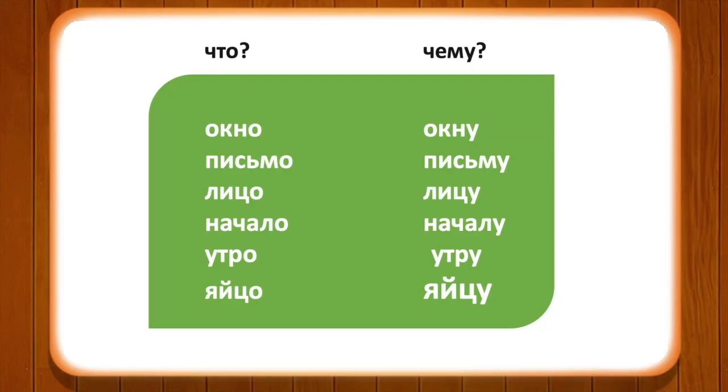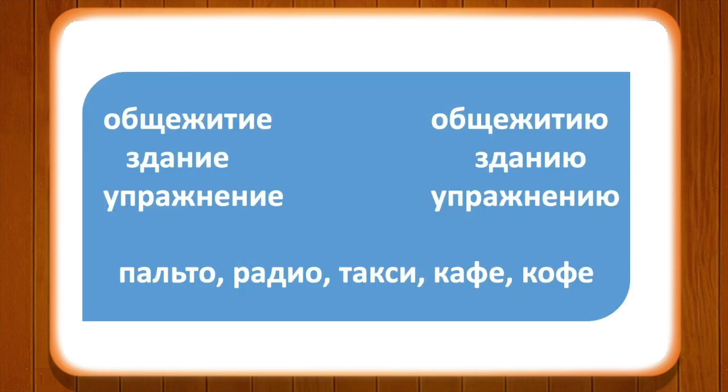So окно, письмо, лицо, начало, утро, яйцо change: окно changes into окну, письмо changes into письму, лицо changes into лицу, начало changes into началу, утро changes into утру, яйцо changes into яйцу. Общежитие changes into общежитию, здание changes into зданию, and упражнение changes into упражнению.